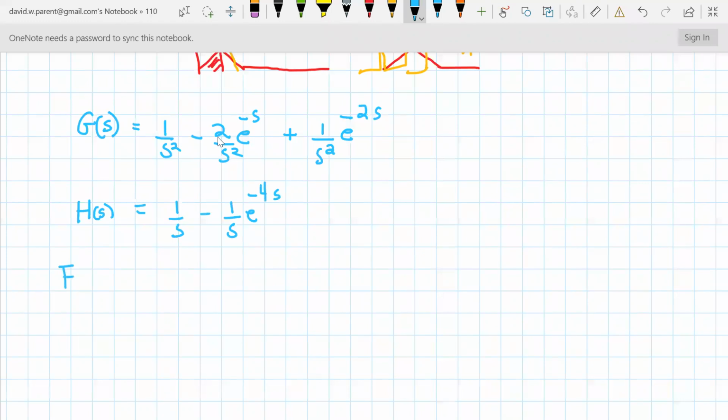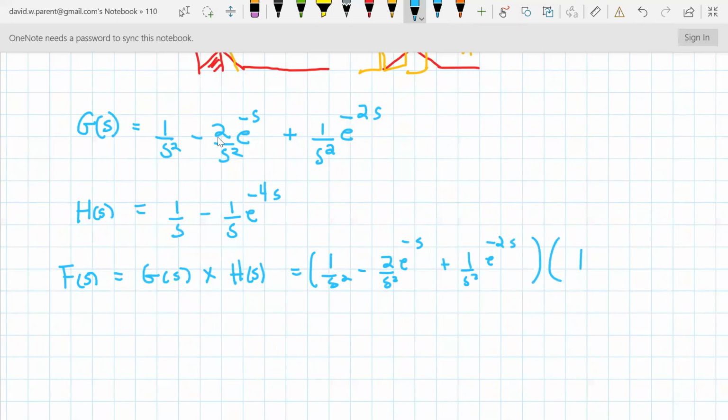So F(s) equals G(s) times H(s), no longer a convolution: 1 over s squared minus 2 over s squared e to the minus s plus 1 over s squared e to the minus 2s, multiplied by 1 over s minus 1 over s e to the minus 4s.